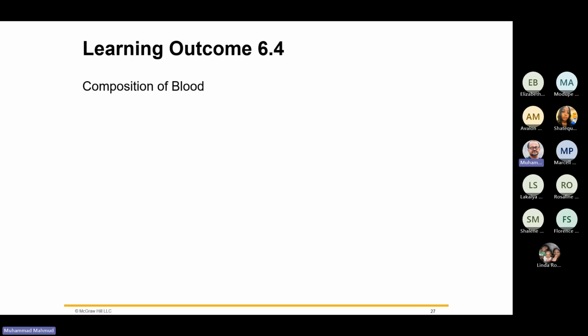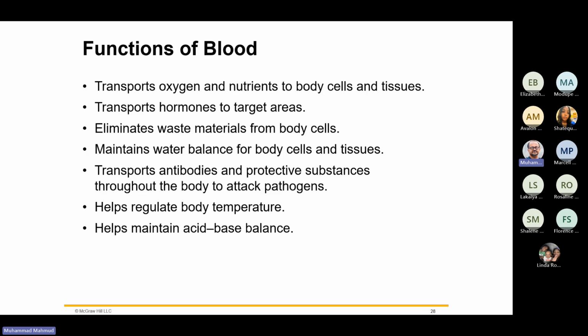It transports oxygen, nutrients, hormones, eliminates waste materials, maintains water balance, transports antibodies and protective substances throughout the body to attack pathogens, helps regulate body temperature and maintains acid base balance. So, what does it contain? That's the point.